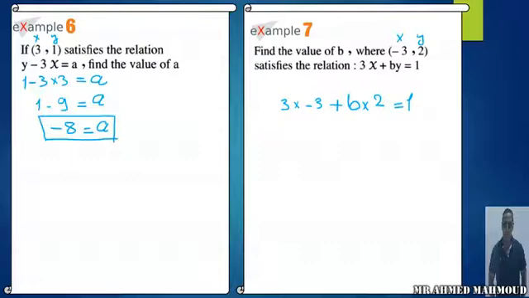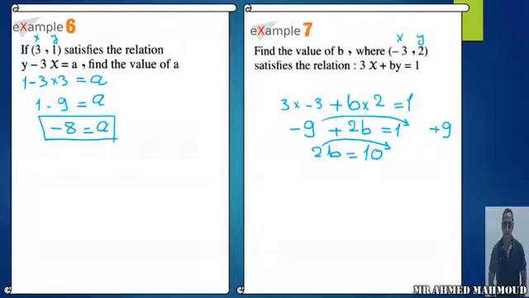Negative 3 times negative 3 equals 9 plus 2b equals 1. I will send 9 there as minus 9, then 2b equals 1 minus 9. I will send 2 there to be divided by 2, then b equals the result divided by 2, and this is the value of b. The next example.